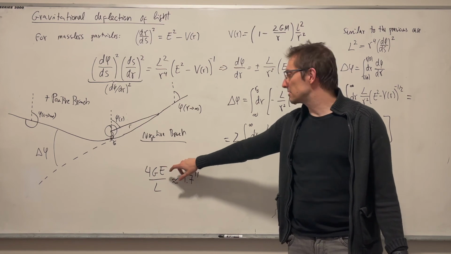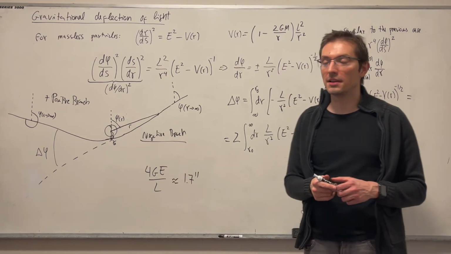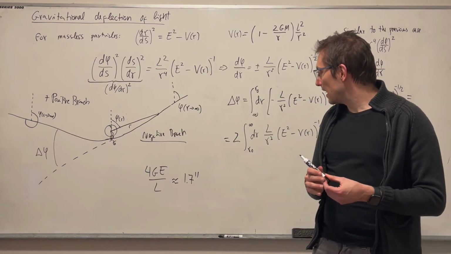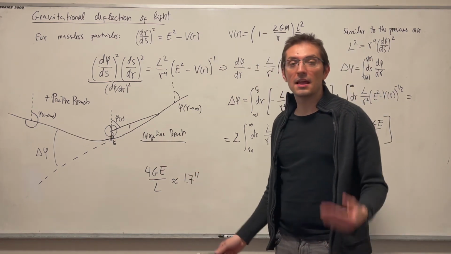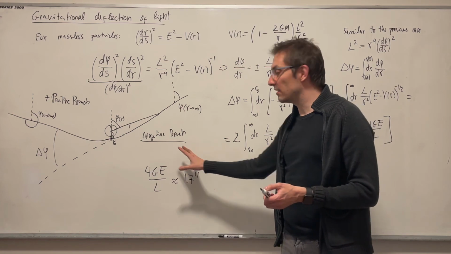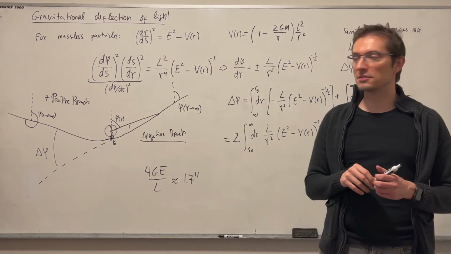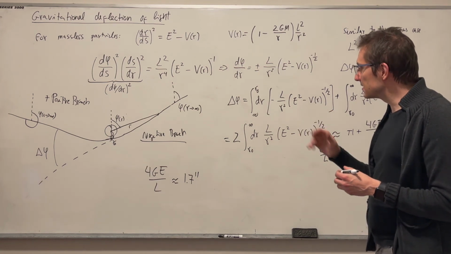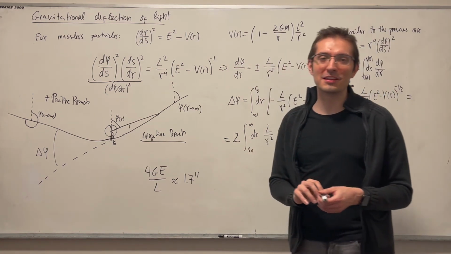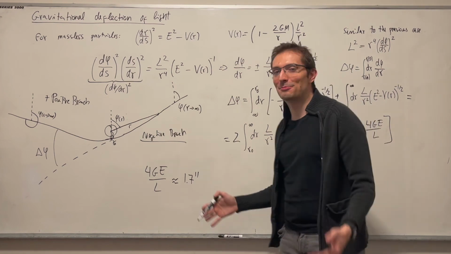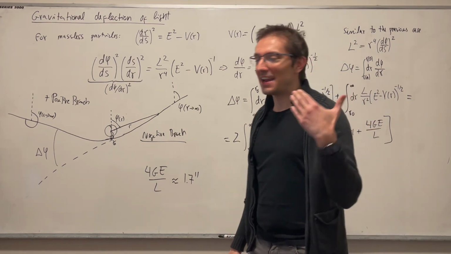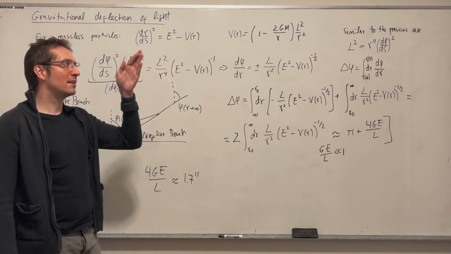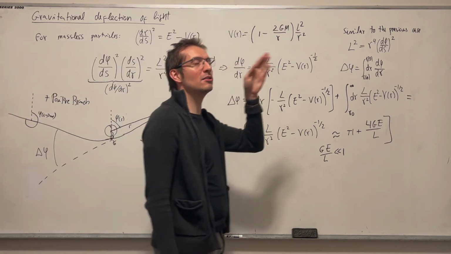The dependence on the mass of the sun is encoded in the value of the geodesic constant E, the conserved quantity E, and this is the value that you would obtain after you substitute by the values for a ray of light grazing the surface of the sun. Okay, so this is twice what the Newtonian value predicted, and this is what Einstein predicted Eddington would detect. And Eddington indeed measured this deflection angle for the star that was visible when Eddington looked at the solar eclipse.